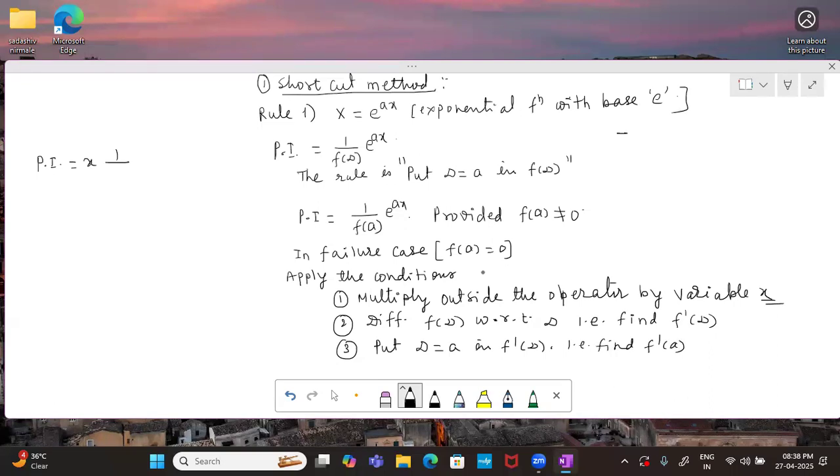You will get f dash a into e raised to x as it is. So that is the PI in the failure case. Here also we put the condition f dash a is not equal to 0. If f dash a is equal to 0, again that is a failure case.